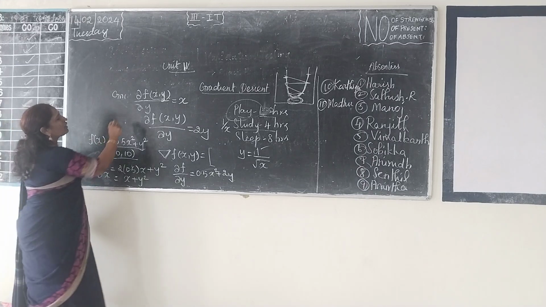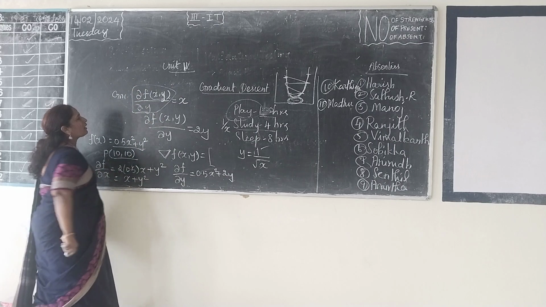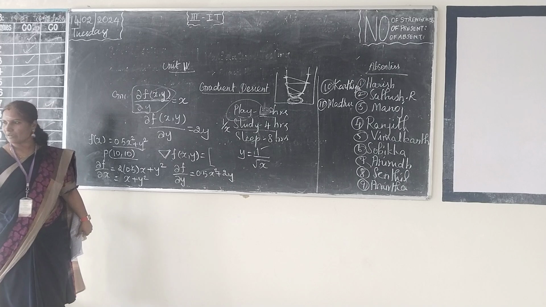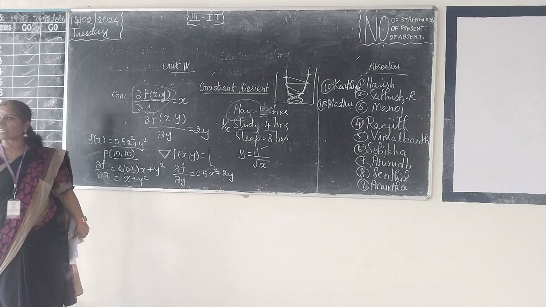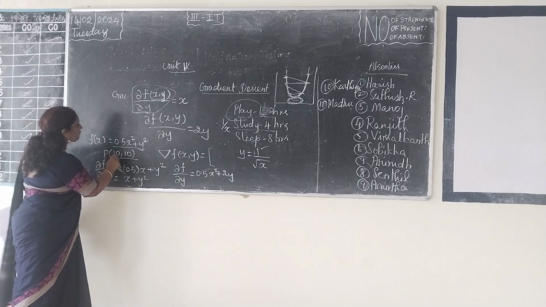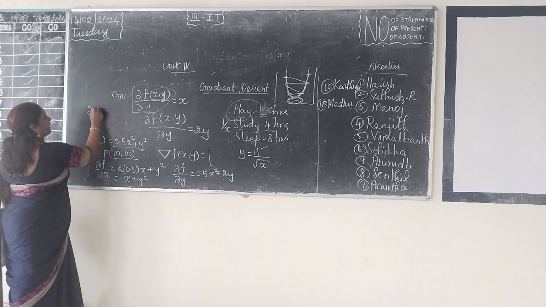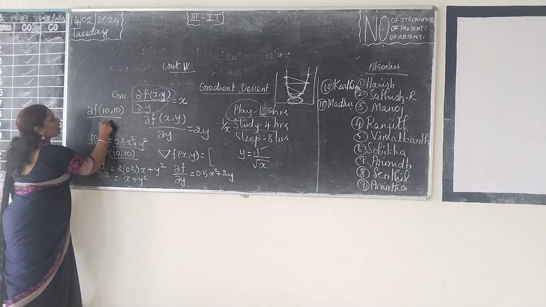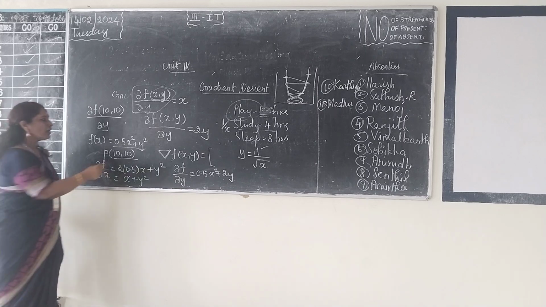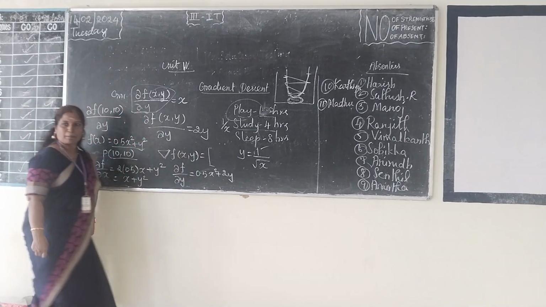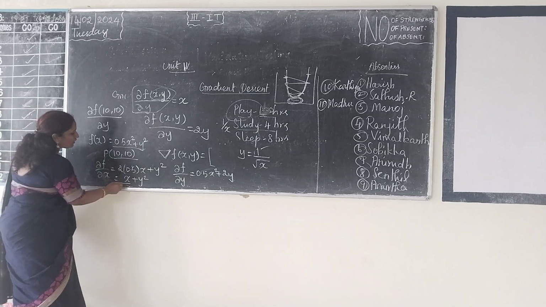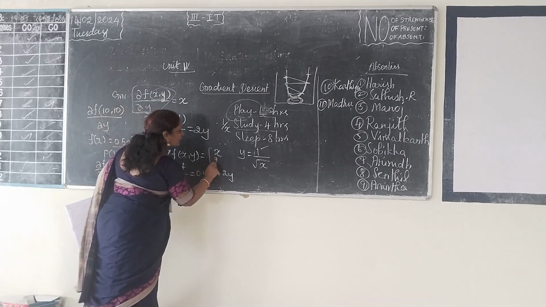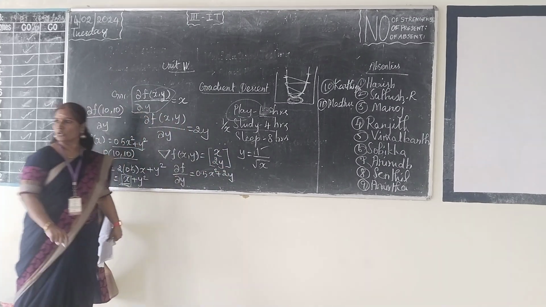So normally we compute dou f of x comma y, and here you got dou f by dou x as x and dou f by dou y as 2y.